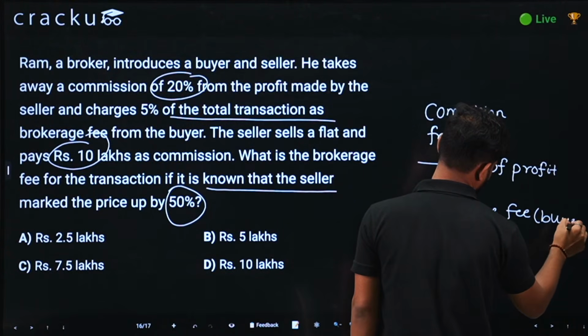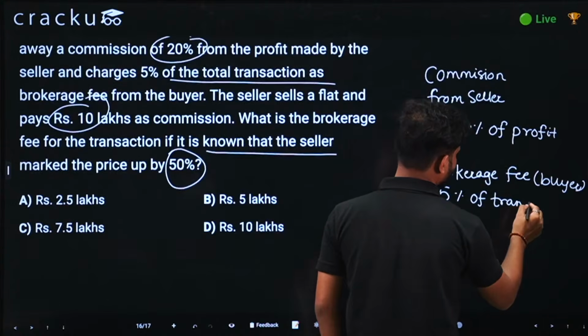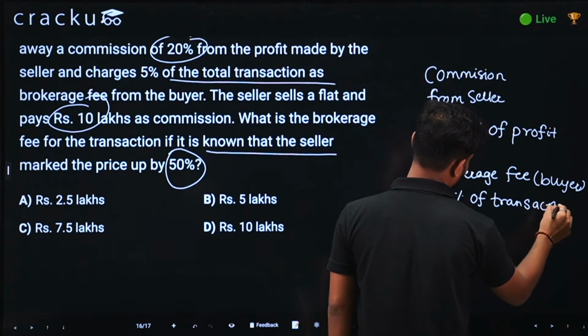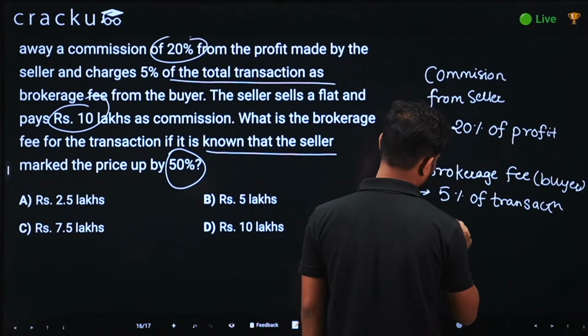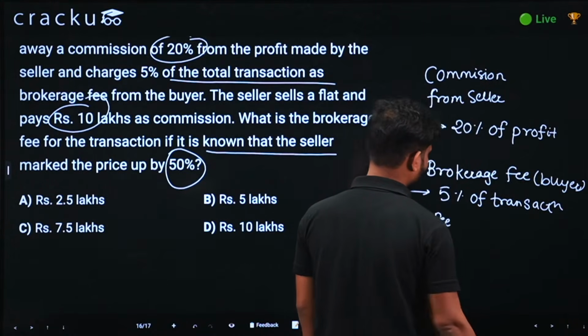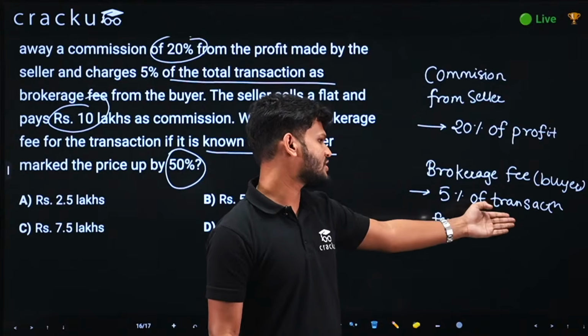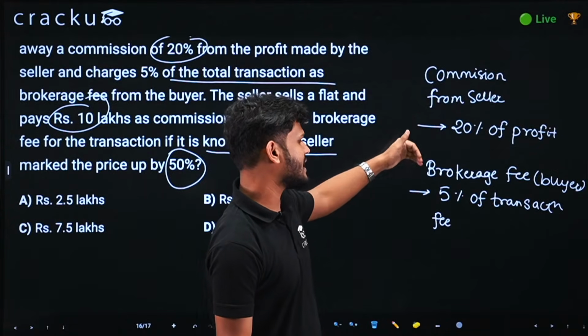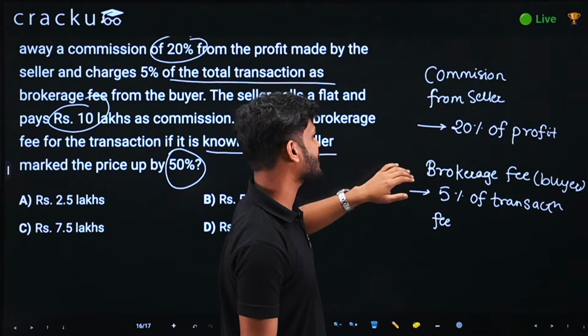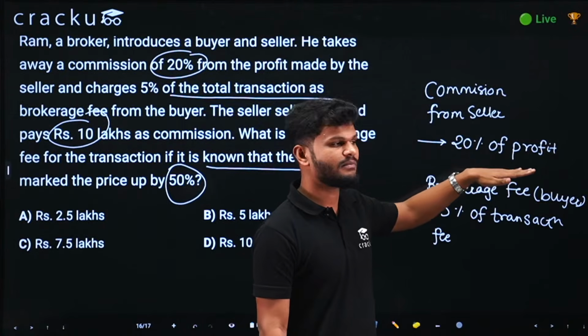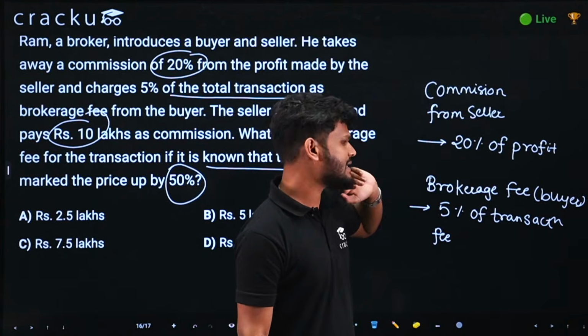And 5% transaction fee of what? Of total transaction. So whatever the total transaction amount will be, 5% of that he will get as a brokerage fee from the buyer, and 20% of profit made by the seller, he will get it as a commission.